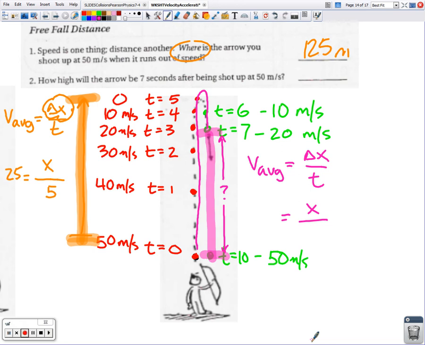Even though we've gone up and started coming back down, how much time does this trip take? 7 seconds. So 7's going to go here. Okay? Now, not 50 minus 20. When we take the average of something, we add them together and then divide by 2. It just so happens in this problem, one of the things we're adding is positive, and the other thing we're adding is negative.